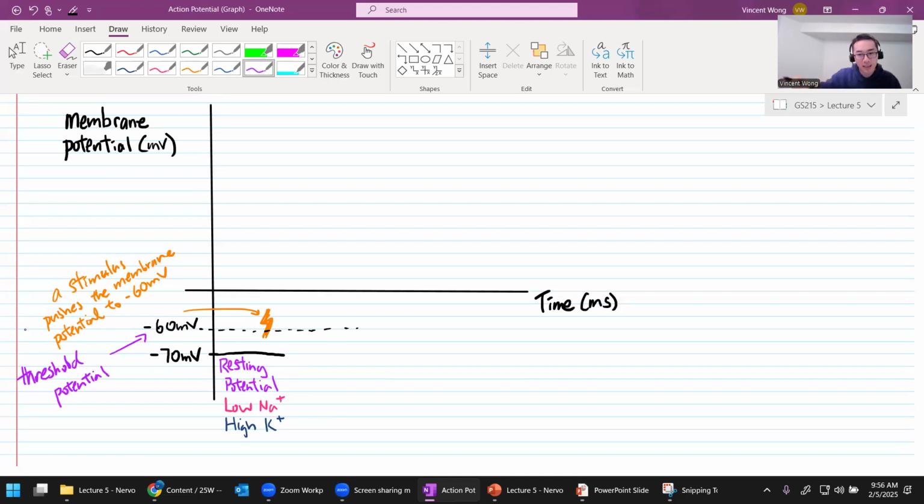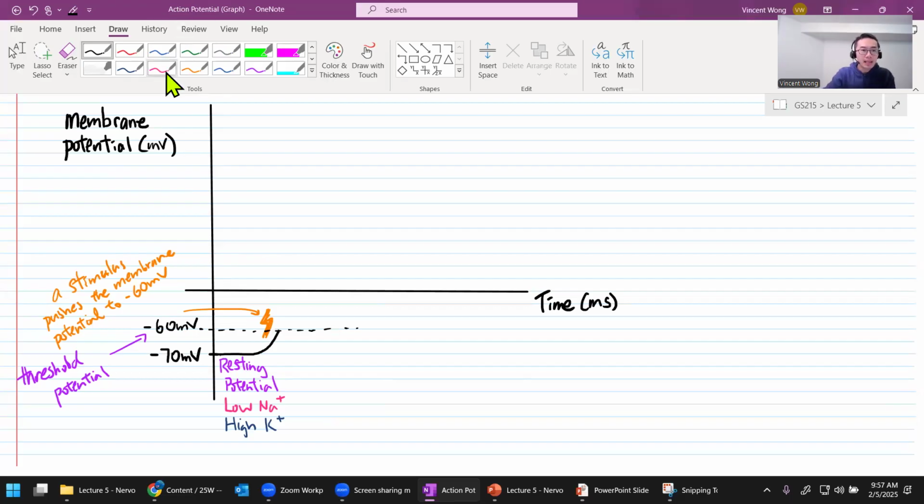So it's a line that you cross. Once you cross that, the signal is going to go. There is no coming back. So the signal arrives and it pushes the membrane potential towards negative 60.